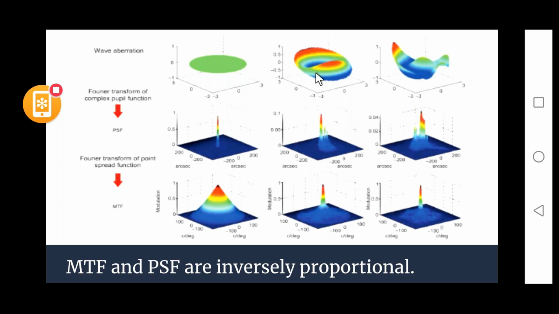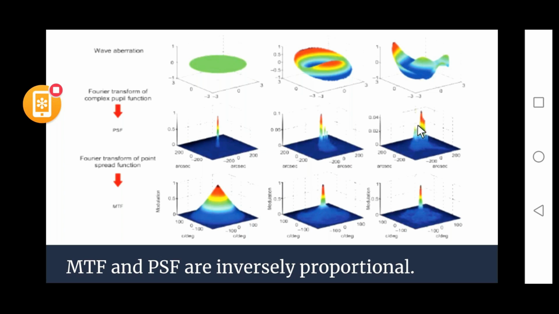Now let's look at the second example in the center. There is a distribution of the PSF. It is not as thin as the previous one. That means there is more spread of the point. And if you look at the lower side, the MTF has now shrunk. That means less intensity of the light is passing through it.